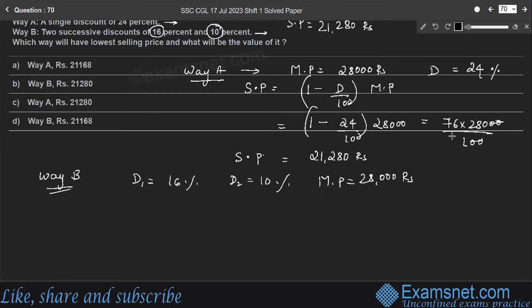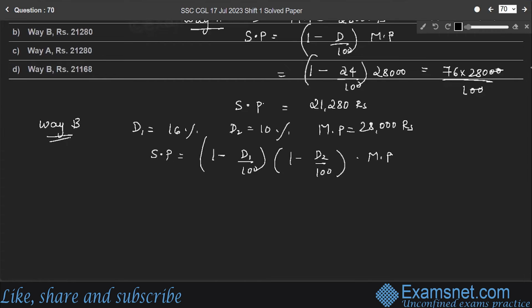When two successive discounts are given, the selling price of the article becomes (1 minus discount 1 by 100) into (1 minus discount 2 by 100) into marked price. This is the formula. So substitute the values: discount 1 is 16 by 100, discount 2 is 10 by 100, marked price is 28,000.